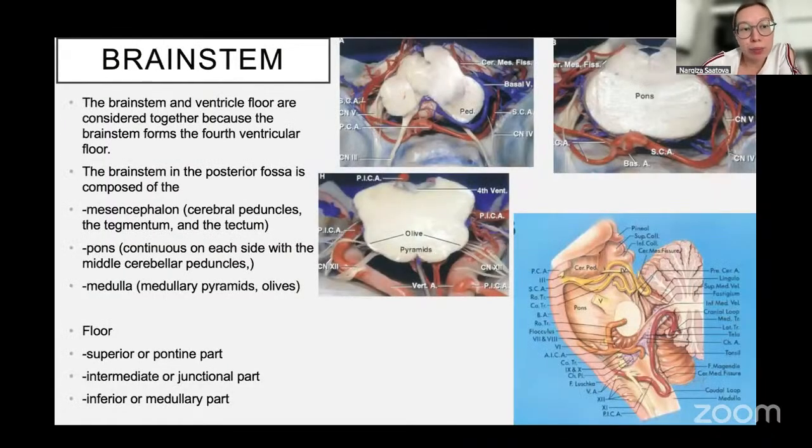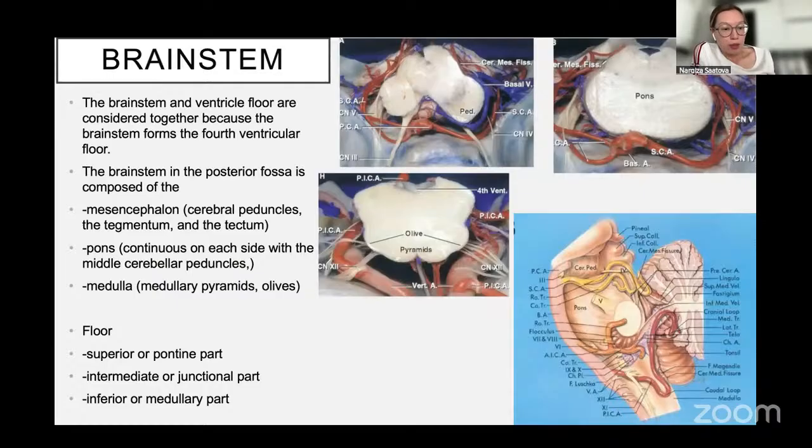When we talk about the brainstem, we have to say the brainstem and the ventricle floor are considered together because the brainstem forms the fourth ventricle floor. The brainstem in the posterior fossa is composed of the mesencephalon, which has the cerebellar peduncles, tectum, and tegmentum; the pons, which is continuous from each side with the middle cerebellar peduncles; and the medulla, which contains the medullary pyramids and olives.